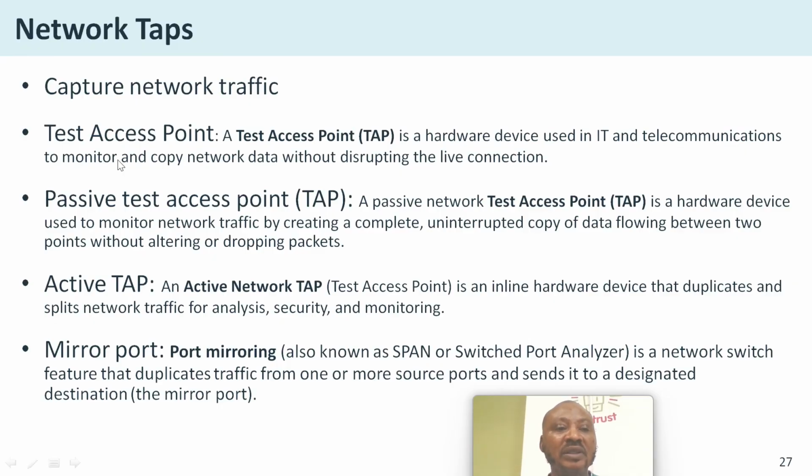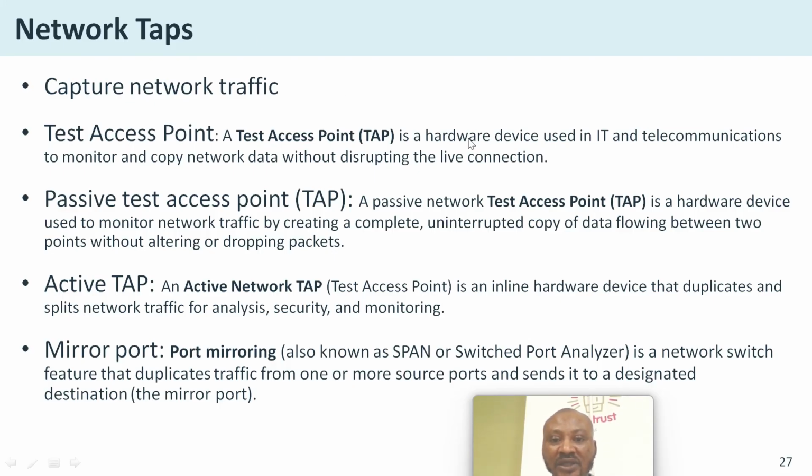Now we also have what are called test access points. A test access point is similar to capturing network traffic. In capturing network traffic, you could do it through software or through hardware. A test access point is similar, but this time you have a hardware device.